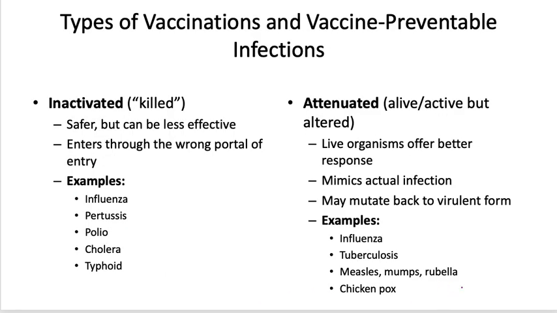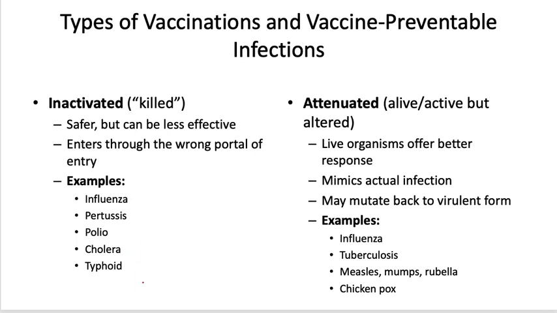So here are some vaccine preventable diseases: influenza, pertussis, which is whooping cough, polio, which is caused by poliovirus and a pathogen of the nervous system, causes paralysis, cholera, typhoid fever. Typhoid fever is caused by Salmonella enterica, a pathogen of the GI tract.